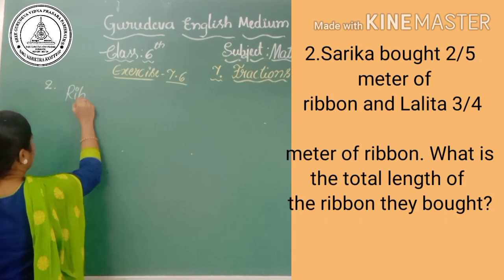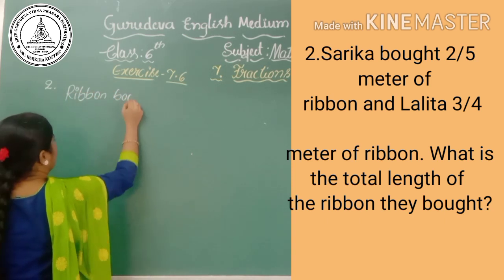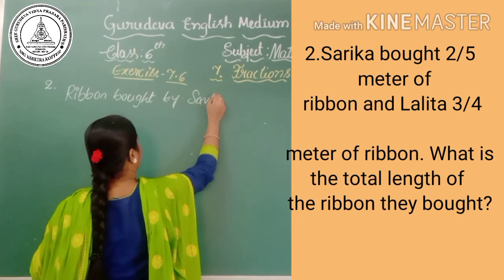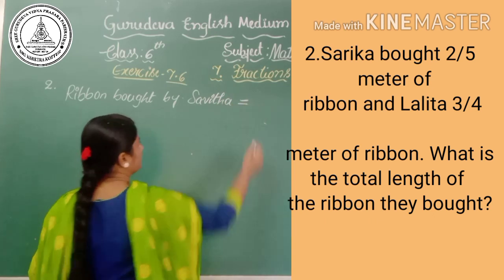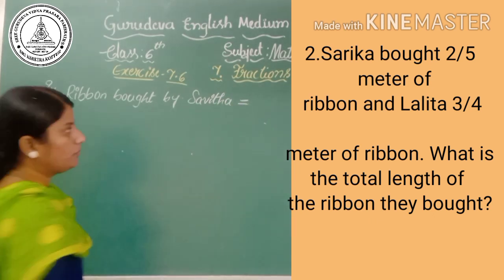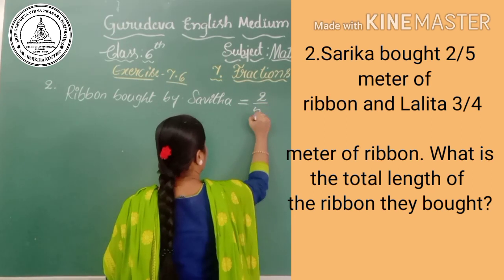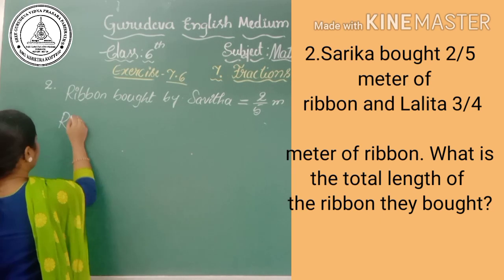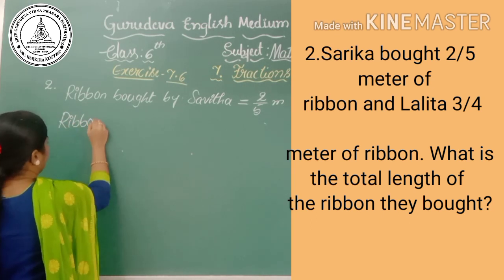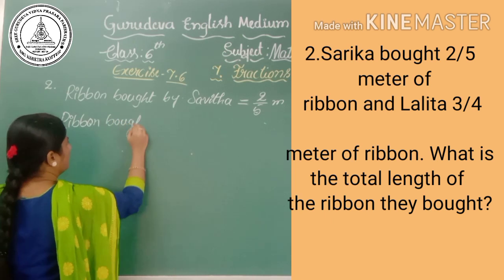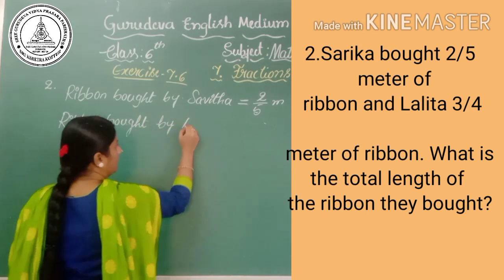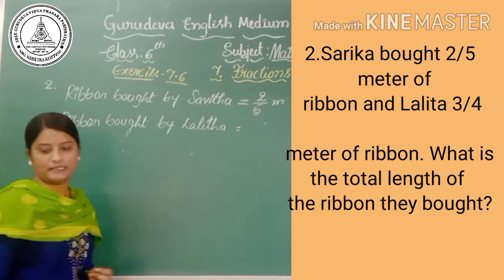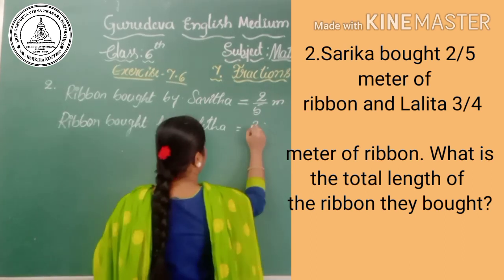Ribbon bought by Sarita is equal to how much? Yes, that is 2 by 5 meter. Okay, then the ribbon bought by Lalita. Ribbon bought by Lalita is equal to 3 by 4 meter.